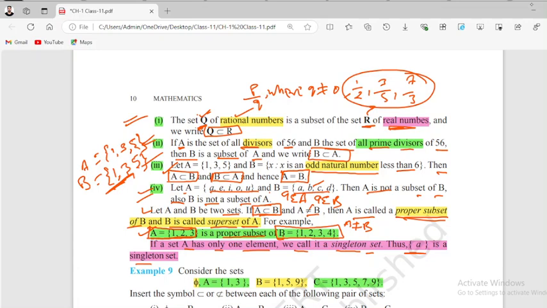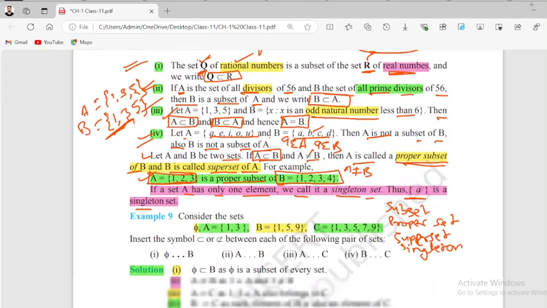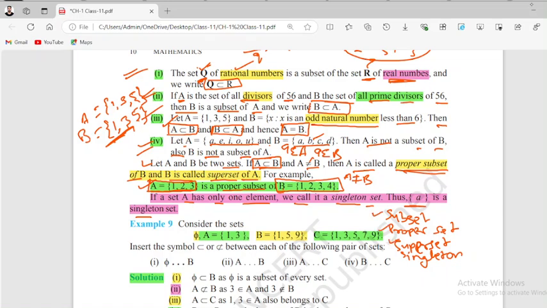So basically here we have already discussed subset, proper set, superset, and singleton set. These are the four things we have already discussed here.